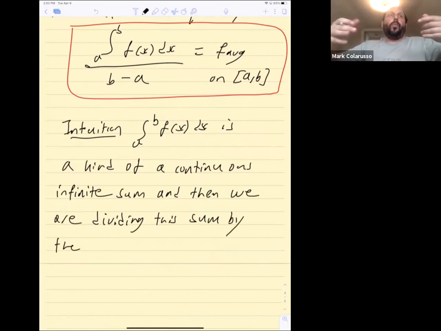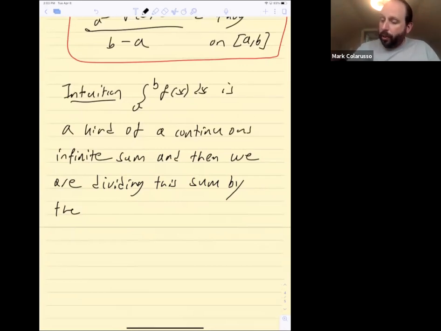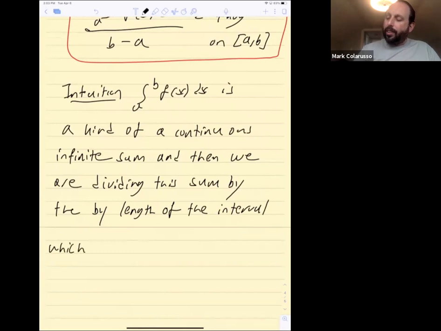Like when we were averaging n numbers, if I'm averaging all your grades, there are 20 students in the class or 30 students, I add 30 numbers together and I divide by 30. Now I have a continuous set of numbers, so the size of the data is replaced by the length of the interval, which acts like the size of our data set.